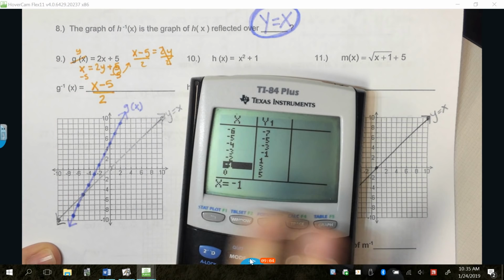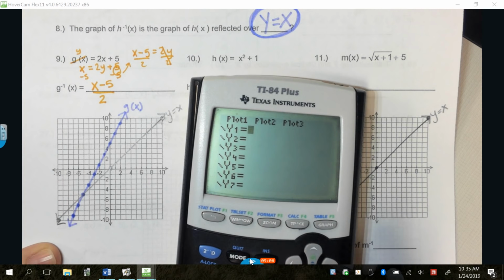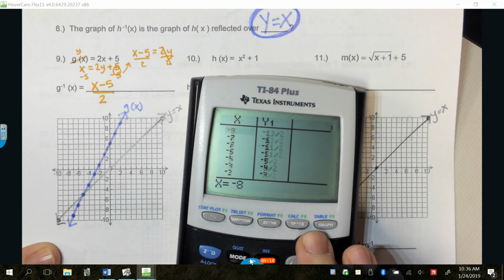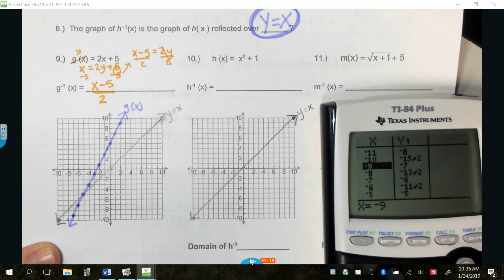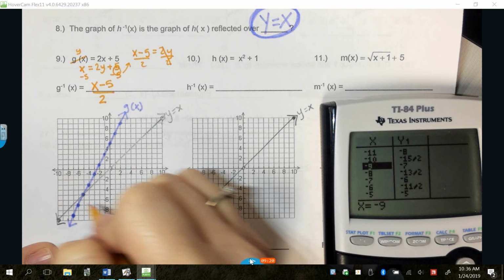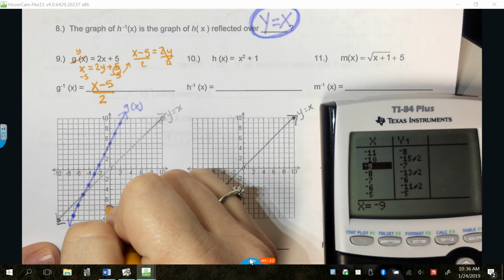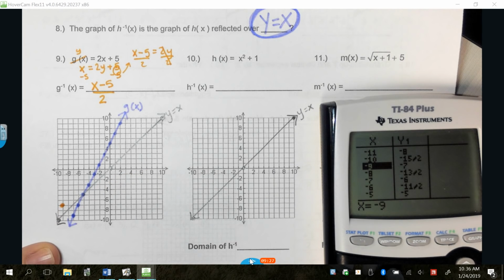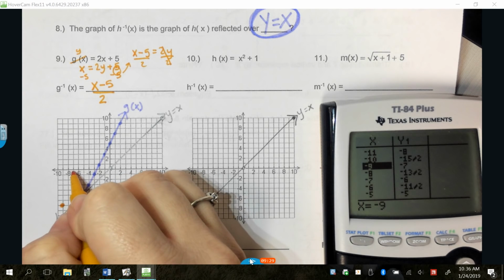Now, use your calculator. Alpha y equals enter. Gives us our fraction. X minus 5 over 2. Second graph. So negative 9, negative 7. Negative 7, negative 6.